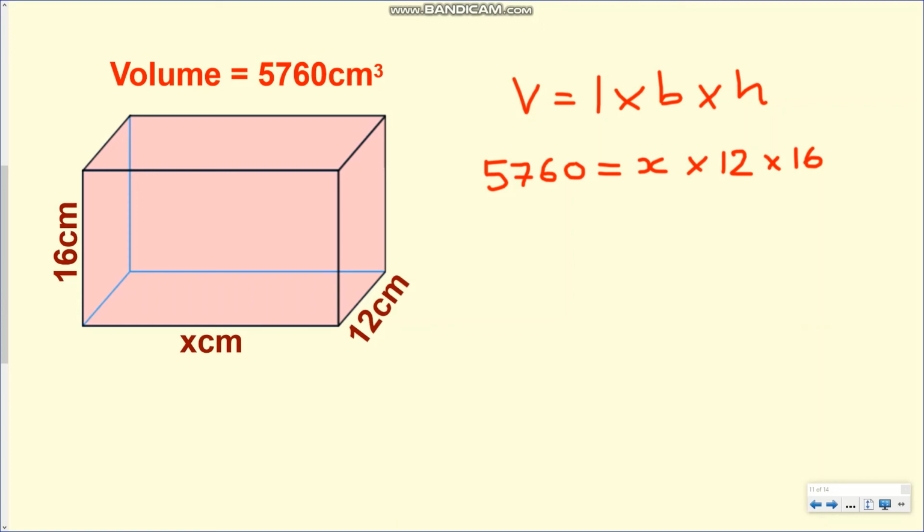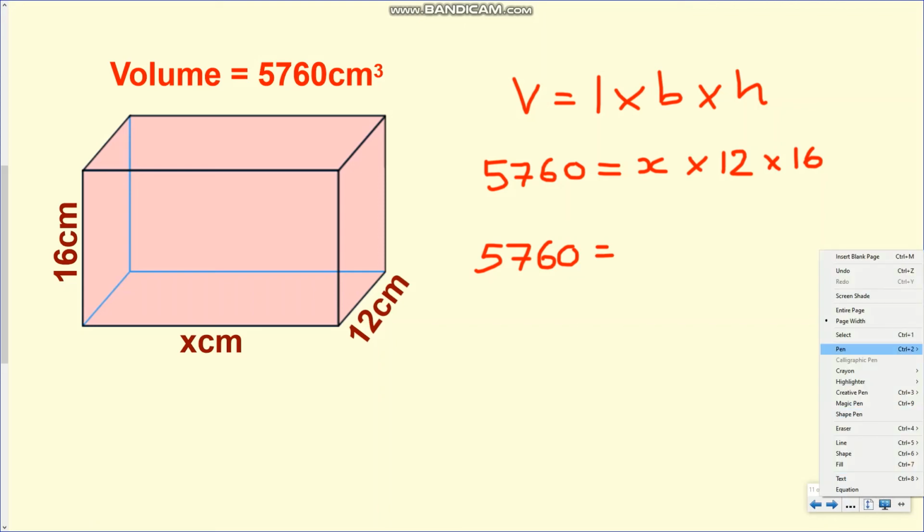Again, if I muddle these up in any way, it's not going to be a problem as long as you have all three pieces of information that's on your cuboid. You shouldn't go wrong. The next line, I'm going to deal with the calculation that's on the same side of the equation as x.